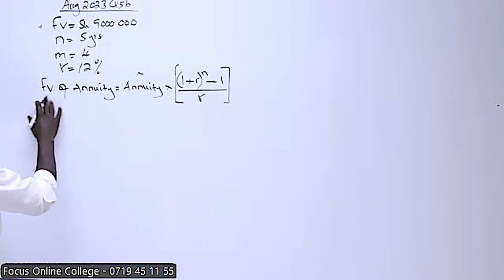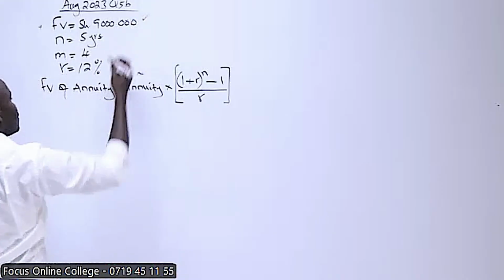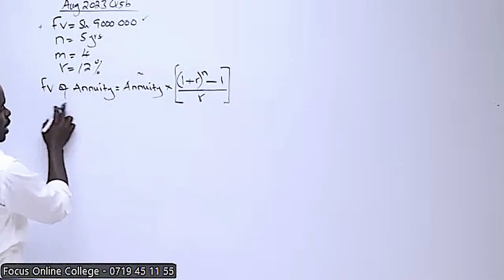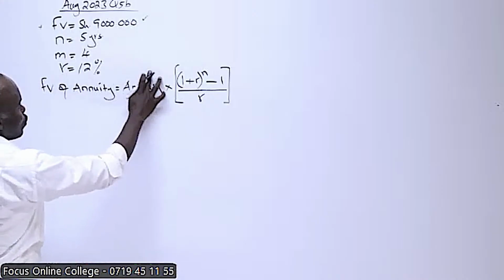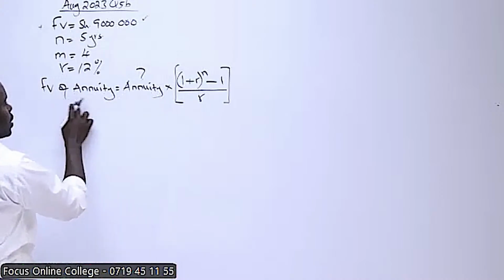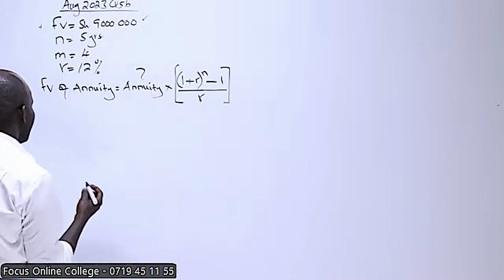The future value of the annuity is the 9 million. How much should he be depositing to make it 9 million after that period of time?